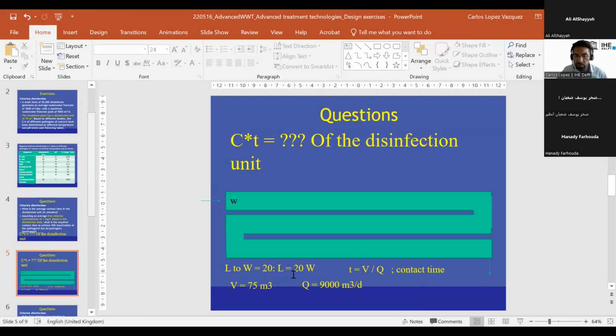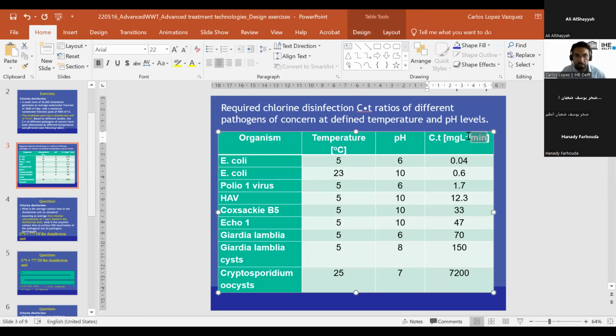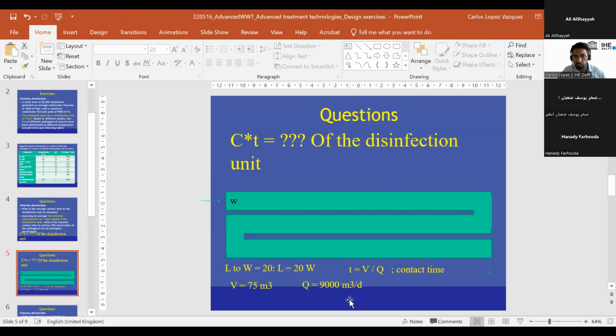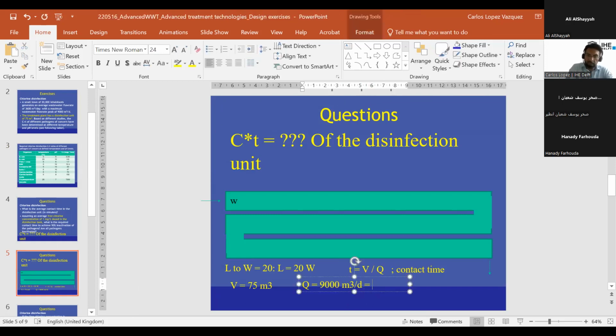So with these values, the disinfection units are given usually in minutes. So the best is that we can estimate the contact time also in minutes. So for that purpose, I can convert these to cubic meters per minute, and that will be equivalent to dividing 9,000 by the 24 hours of the day and the 60 minutes that every hour has.